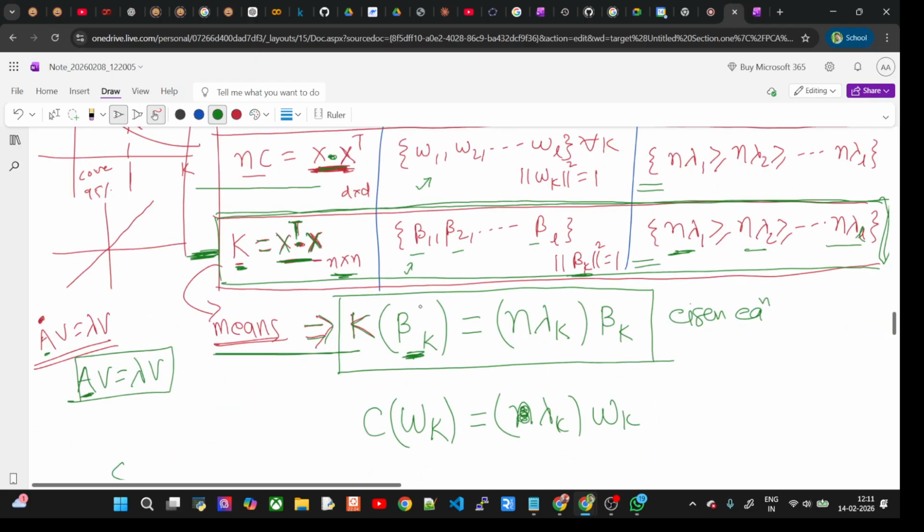So we now understood this is one eigen equation, because K, the covariance matrix, into beta k is n lambda k into beta k. Beta is the eigenvectors and n lambda k are the eigenvalues. So we know that Av equals lambda v, that's why we can write this equation.